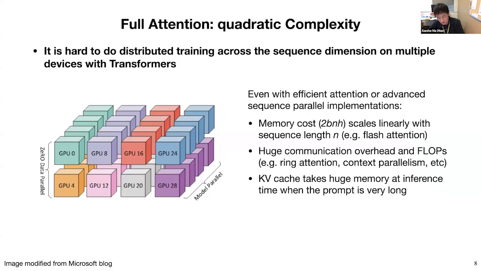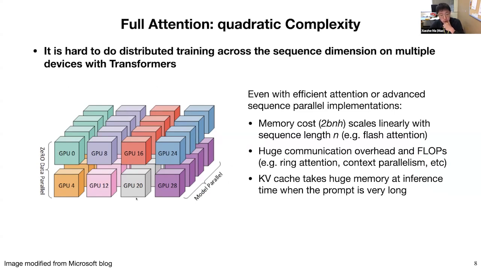And not only the amount of computation, but also the way we distribute our devices makes it hard to compute the full attention. For full attention, we need to compute the pairwise inner product of queries and keys.